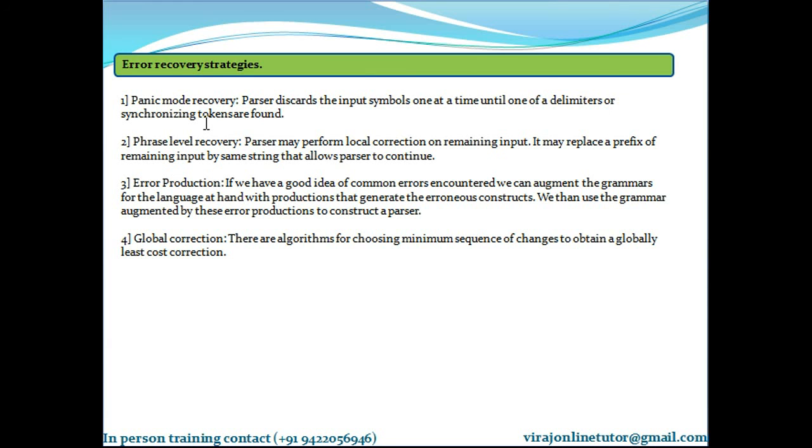Okay. So given an incorrect input string and a grammar, these algorithms will find a parse tree for related string such that the minimum distance of insertions, deletions and changes of tokens are required to transform the incorrect string into a correct string.